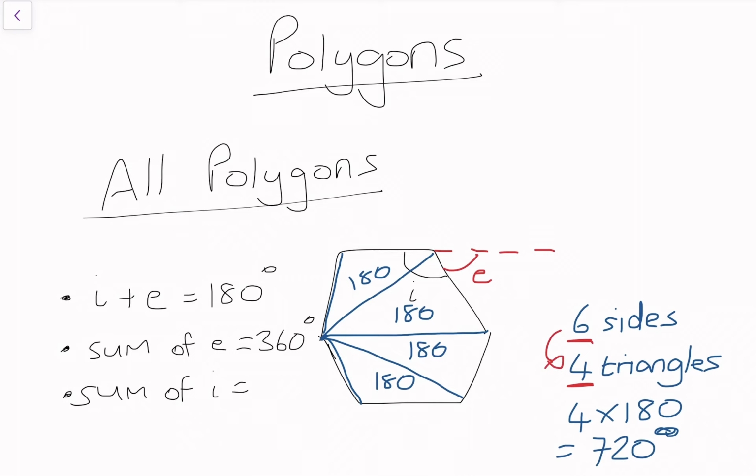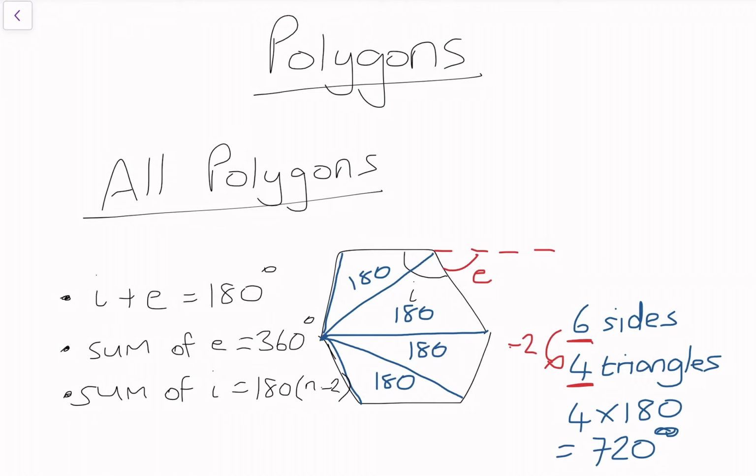If you do this for enough polygons, you'll notice every time you take away 2. So actually you can say the sum of the interior angles is 180 multiplied by (n minus 2), and n is the number of sides that a polygon has.